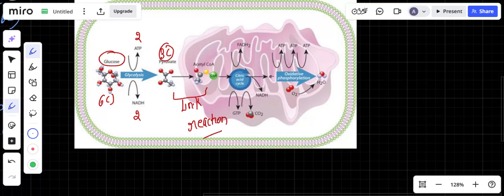But this is just the beginning. In the next part of this series, we will explore what happens to the pyruvate molecules in the link reaction, how the energy yield increases in the Krebs cycle, and finally how the bulk of ATP is produced during oxidative phosphorylation.